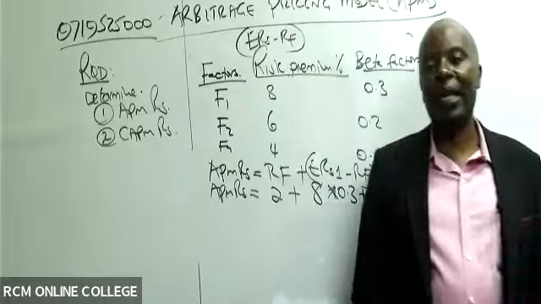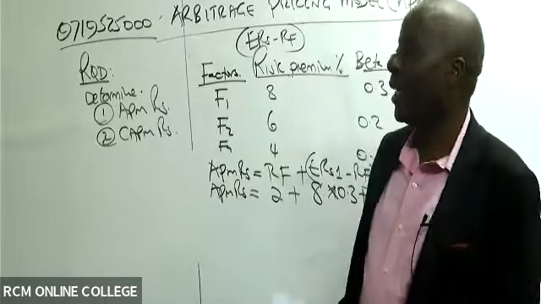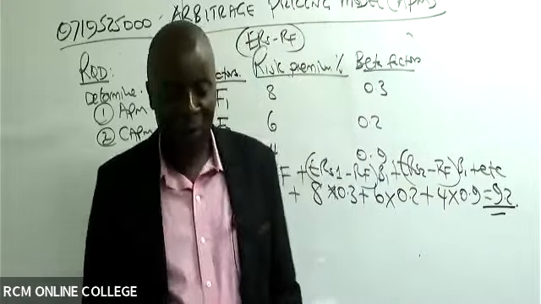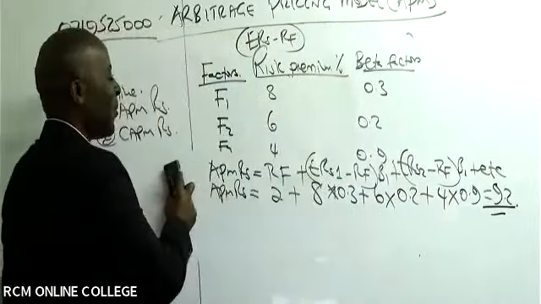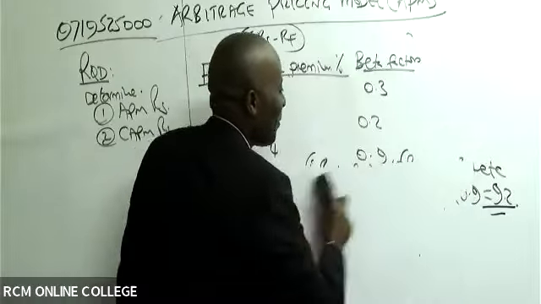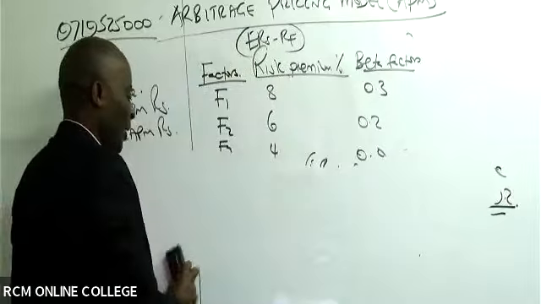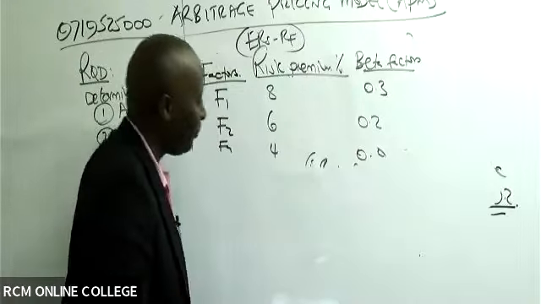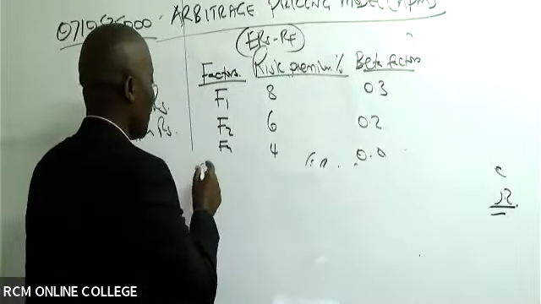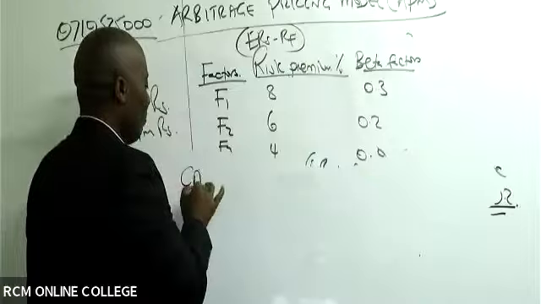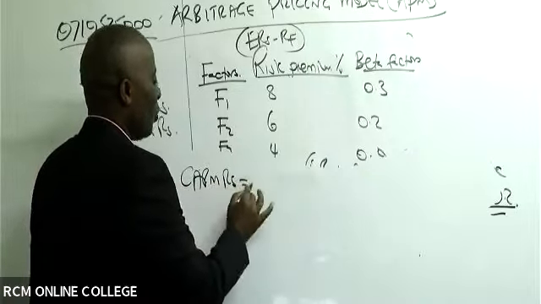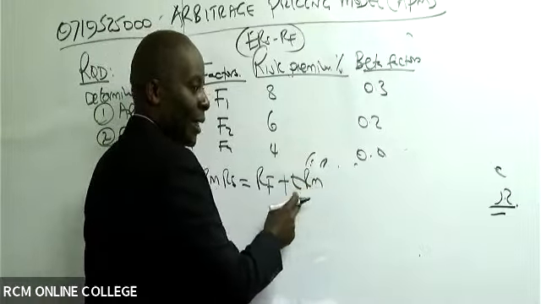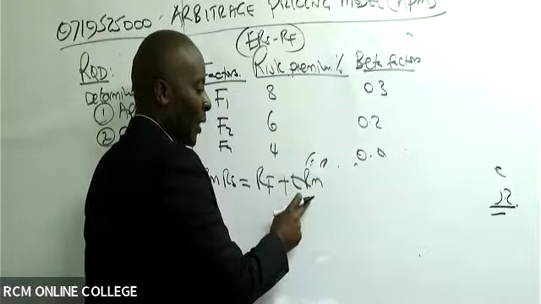Now, CAPM, unlike APM, which is polygamy, CAPM is monogamy. Now, listen well. We say CAPM returns will be equal to risk-free plus, it always makes use of a market index, the market factor.